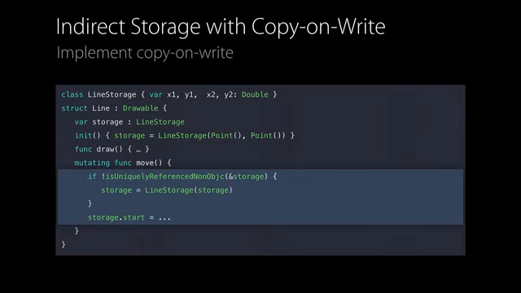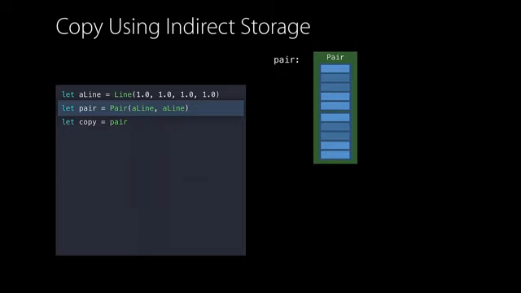Okay, so we've seen how we can combine a struct and a class to get indirect storage using copy and write. Let's come back to our example to see what happens here, this time using indirect storage. So again, we create a line. This will create a line storage object on the heap, and then we use that line to initialize our pair.